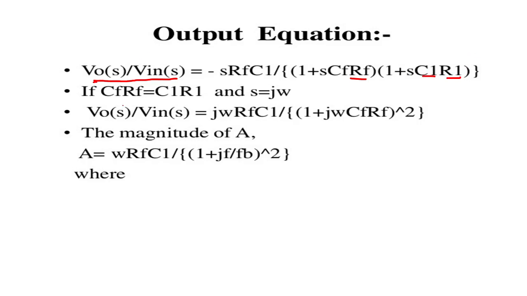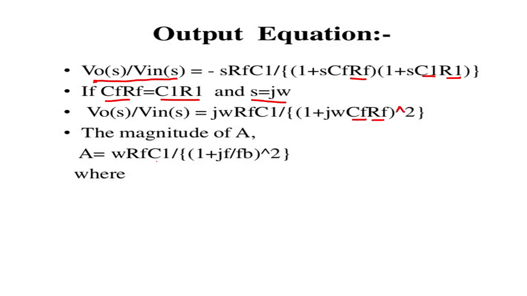So if R1 C1 and RF CF are equal and S is equal to j omega, then the equation will be minus j omega RF C1 into 1 divided by (1 + j omega CF RF) raised to 2, because they are equal, so it gives the square of this.